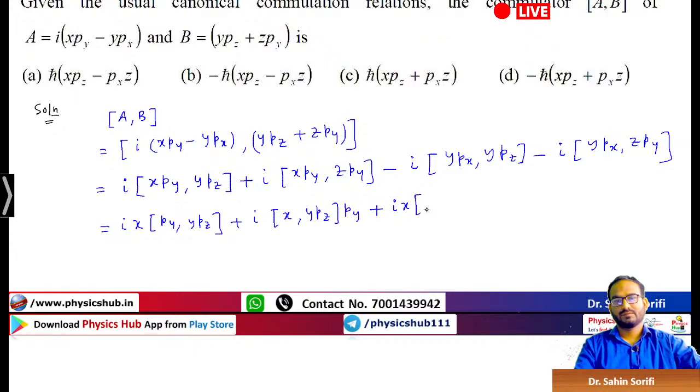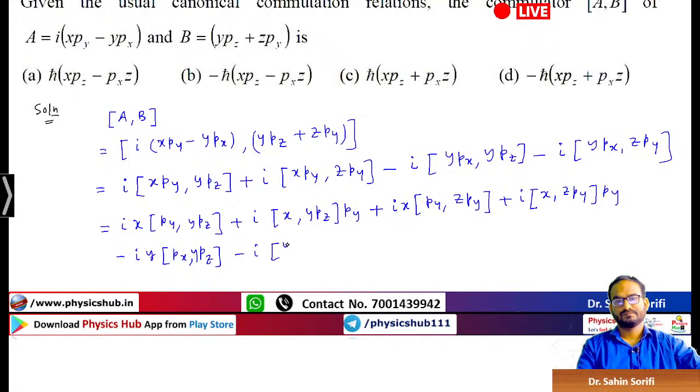Try to understand what we are actually doing. First term gives you 0.